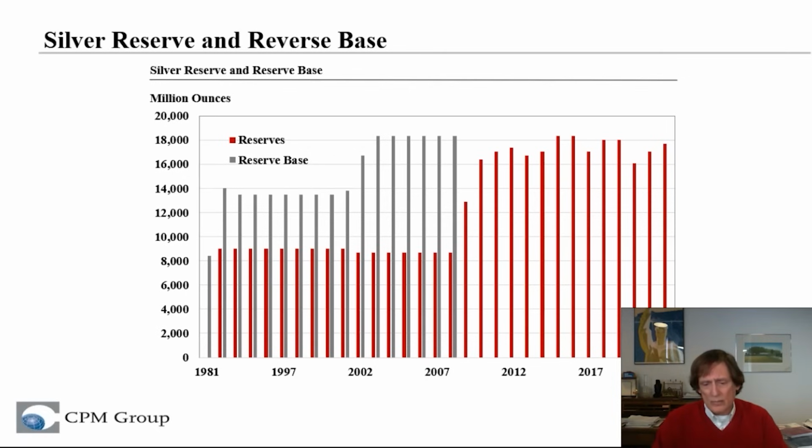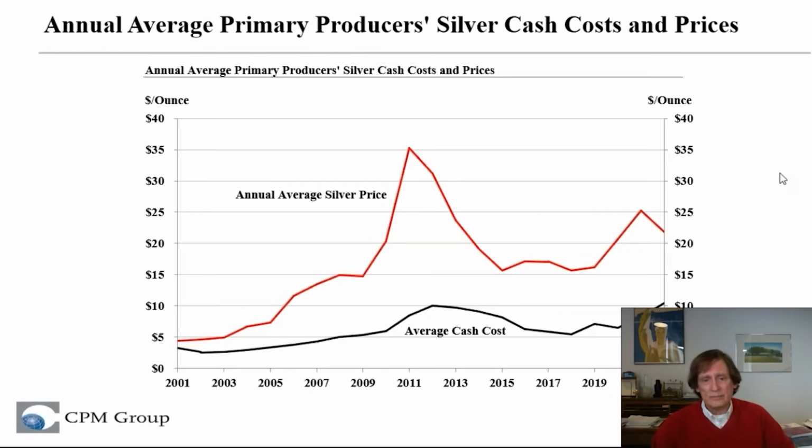And every year you have resources redefined into reserves, especially with the price rising. When the price falls, you'll see reserves decline because they're sub-economic and they become resources until the price rises. So there's plenty of silver out there.